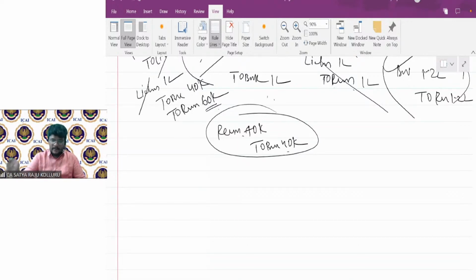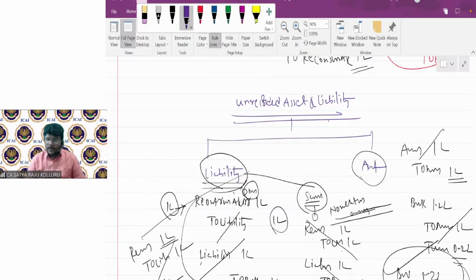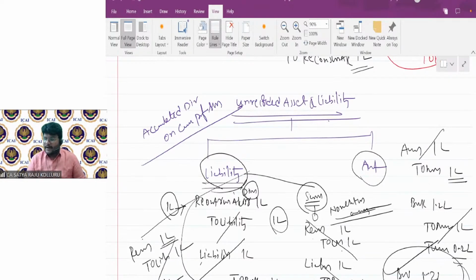Okay. Now I will tell you why most of the times they provide adjustments in problems with respect to liability. You know, accumulated dividend on cumulative preference shares. Actually, you know the concept of dividend, right?